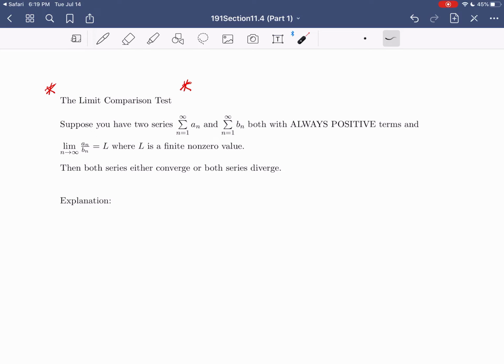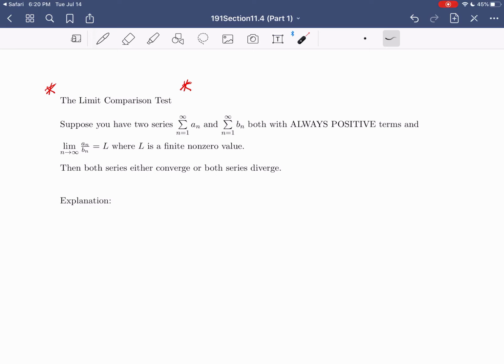And that means that if one of them converges, if that's a finite value, then the other one is a scalar multiple of a finite value, which is also finite. If one of them diverges and heads towards infinity, the other one is some number times infinity, which also diverges. So it seems that they have to act the same, provided that the terms really go to some finite non-zero value. So that at least gives you guys a little bit of an explanation.